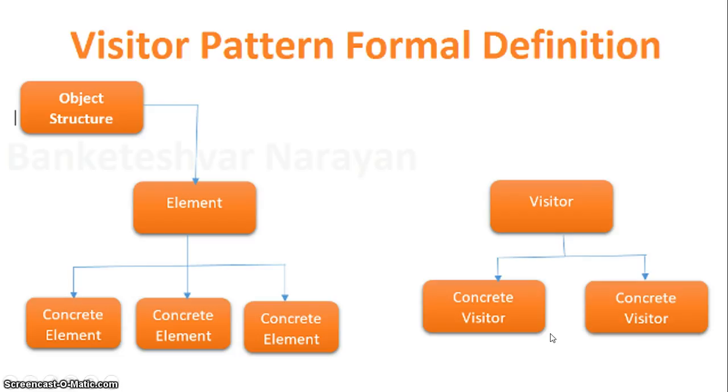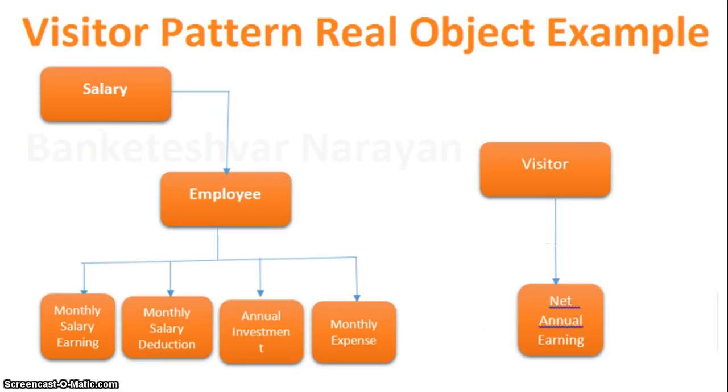Let's correlate it with a real world example. Visitor pattern real world example. Suppose I'm taking as an example the salary which is credited to an employee account every month. So a salary is created for an employee, and it has components like monthly salary earning, monthly salary deductions, annual investment, and monthly expenses.